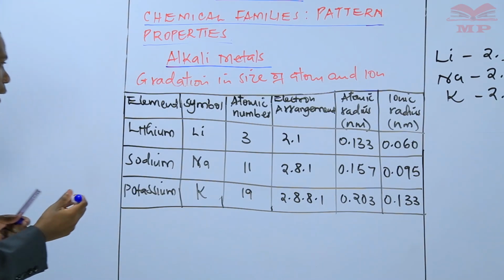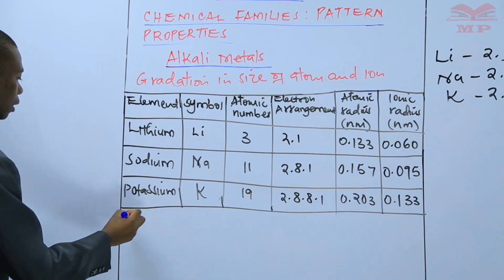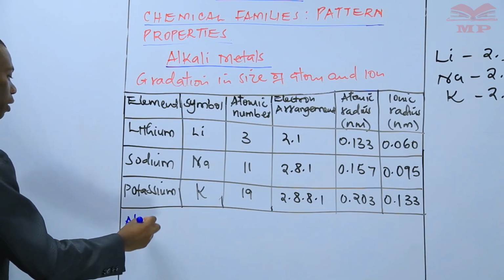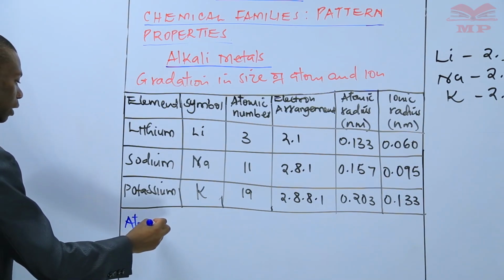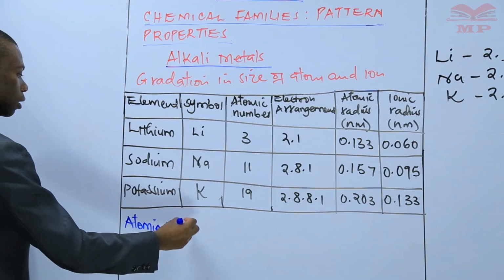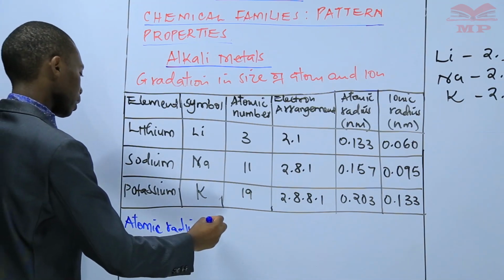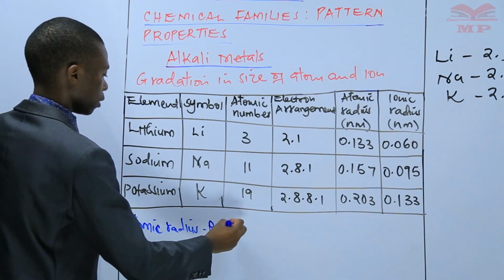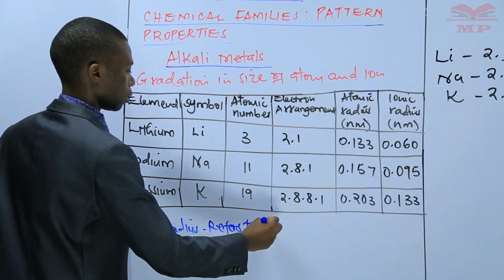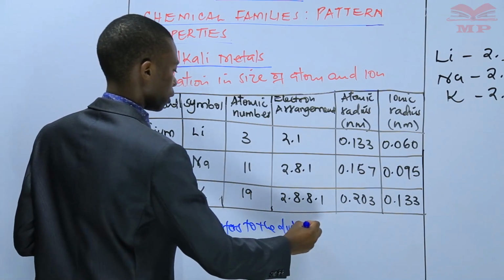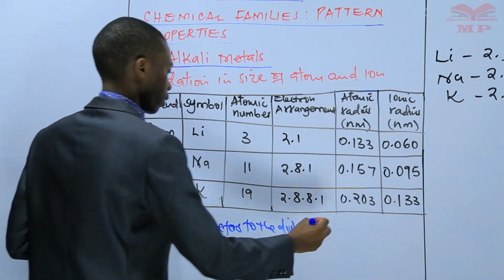So we can say that for atomic radius, we need first of all to define what atomic radius is.